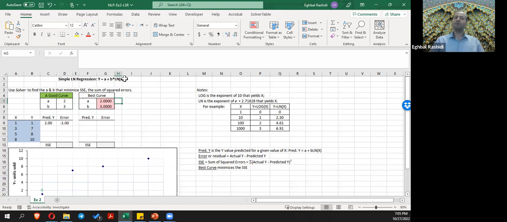A plus b multiplied by the natural logarithm of x. Okay. And the natural logarithm of x is known. That's almost 2.7 to the power of x. So 2.7 is given here, we know what it is. What we don't know, our decision variables, are A and B. We want to find the best parameters for A and B. So these are going to be our decision variables right now.